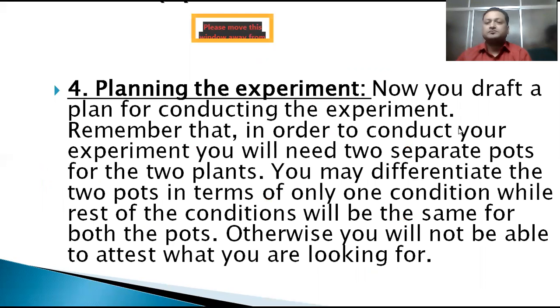Now you draft a plan for conducting the experiment. Remember that in order to conduct your experiment, you will need separate pots for the two plants. You may differentiate the two pots in terms of only one condition, while the rest of the conditions will be the same for both pots. Otherwise, you will not be able to identify what you are looking for.